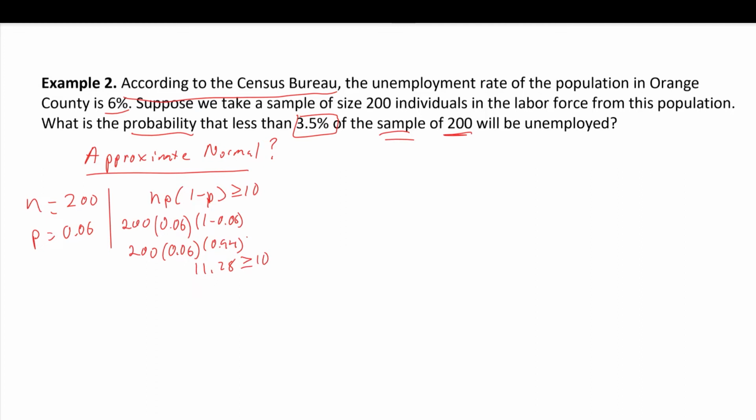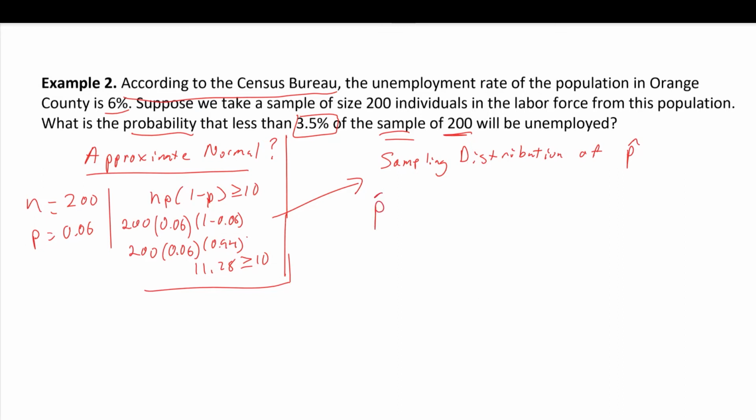So what does this tell me? This allows me to say that our sampling distribution of our sample proportion, because again, the proportion will change from sample to sample, tells us that p hat is distributed as a normal. Now the mean of p hat, as we saw from the previous page, does target the true population proportion p, which they tell us is 6%.